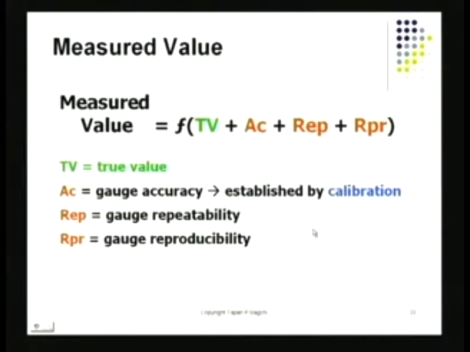We shall focus on two things. One is reproducibility, the other is repeatability. If you look at the measured data, it consists of the true value, the inaccuracy which is really fixed by calibration, and then repeatability and reproducibility.